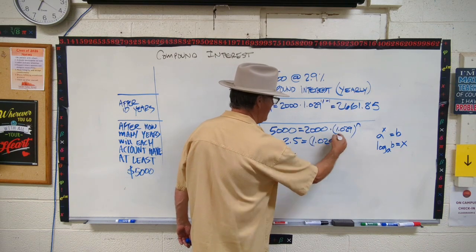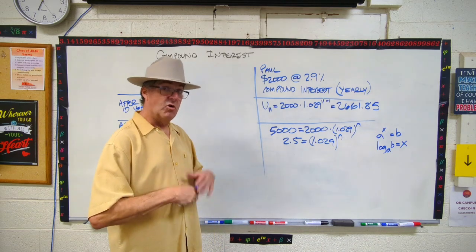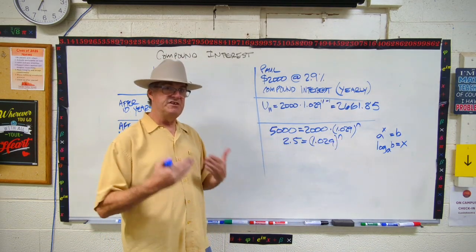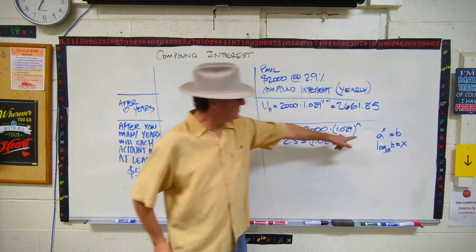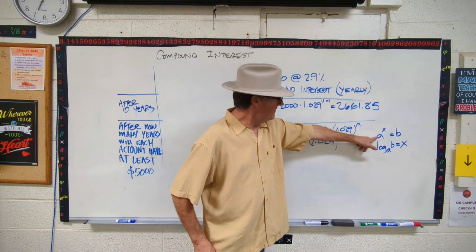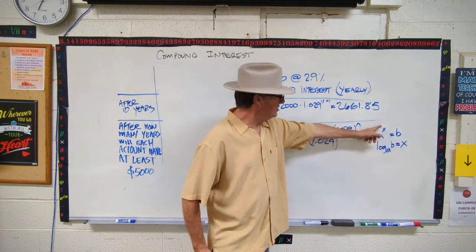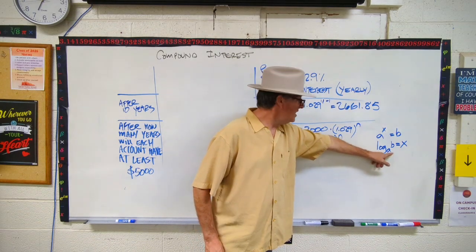1.029 to the n. Now, whenever you have a variable or an unknown in your exponent, you know you need to use logs to find that. So we have an equation that's similar to this one. If a and b are known quantities and x is the unknown, then you can transform that to log base a of b.